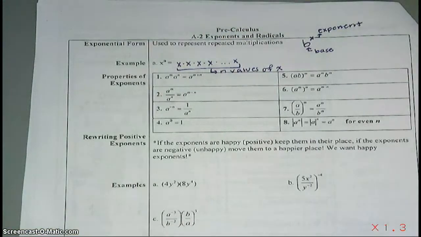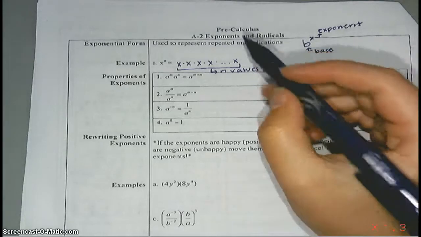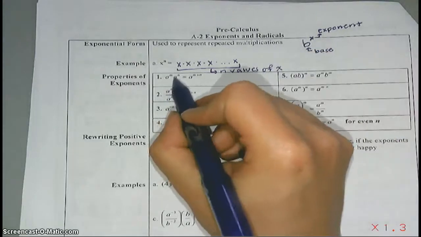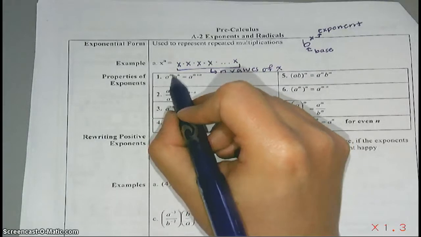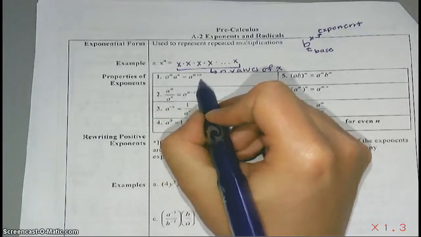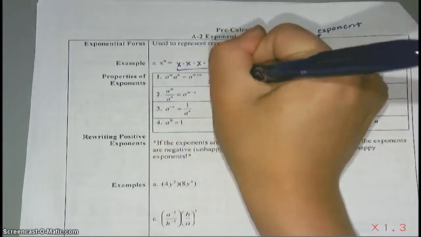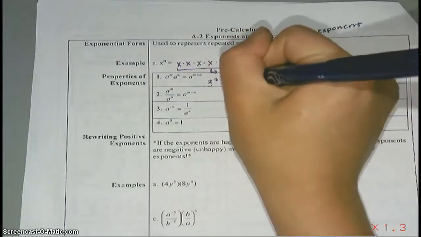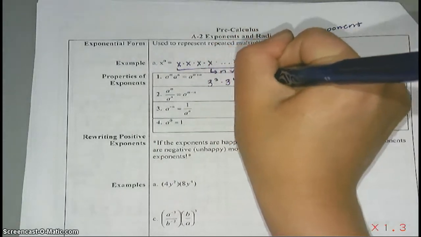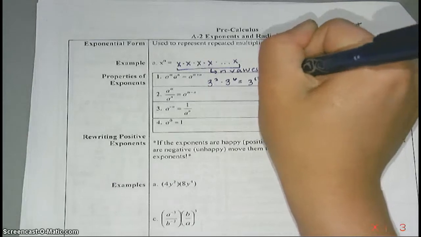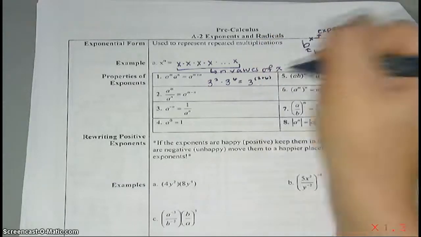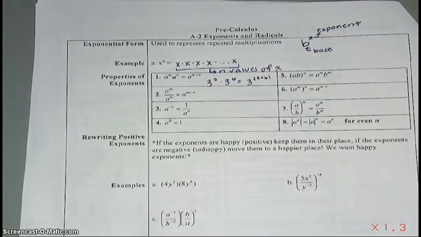Some properties of exponents, since we did a lot of properties last section. Some good properties to know: anytime you have the same base, so these two numbers are the same, with different exponents, this is an m, that's an n, what you can do is add them. So an example, 3 squared times 3 to the 6th is the same thing as 3 to the 2 plus 6, so 3 to the 8th.